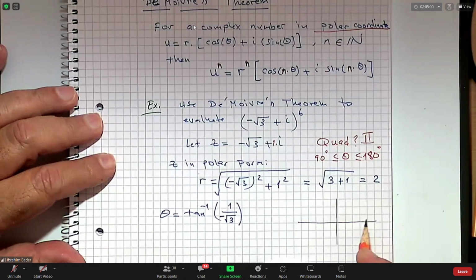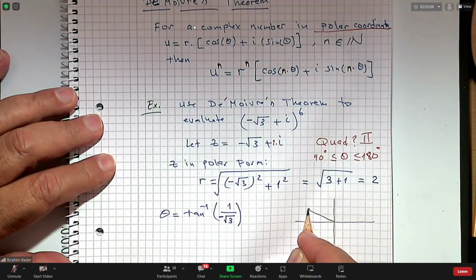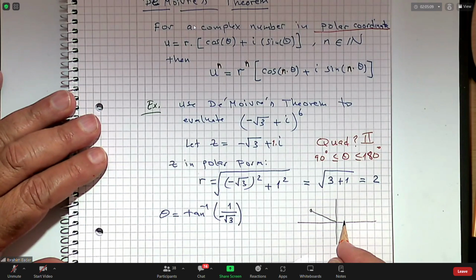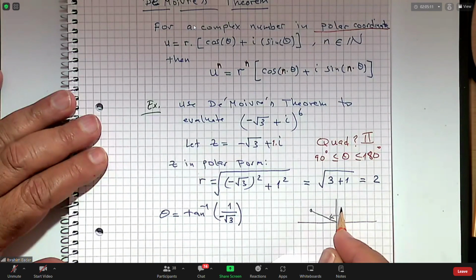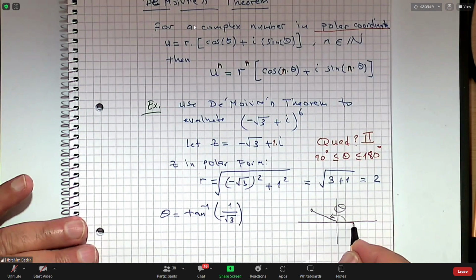Interesting. Yeah. So that means here the number I have in this quadrant, this is z. Now I'm looking for this angle. You remember we agreed that the angle is usually measured starting from the positive x-axis. You remember we agreed on that.